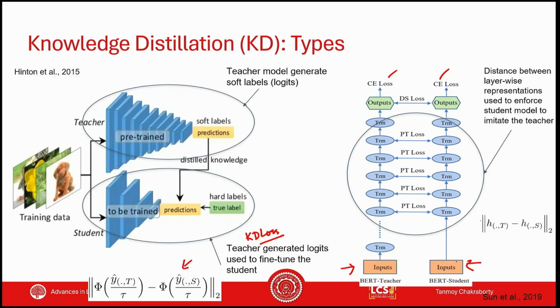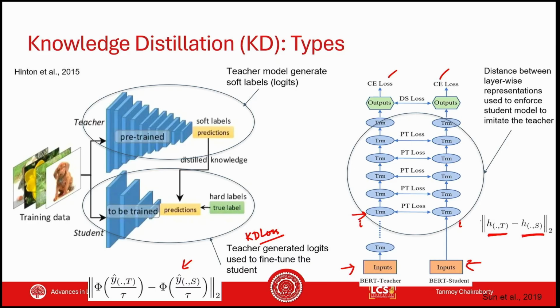The teacher model has 12 layers, the student model has 6 layers, let's say BERT large and BERT small. You look at the representation coming from, let's say, layer i here and layer i here. This is the representation of layer i of the teacher model, and this is the representation of layer i of the student model.